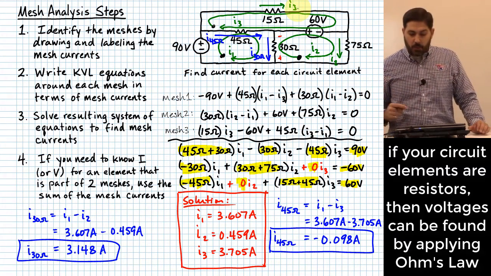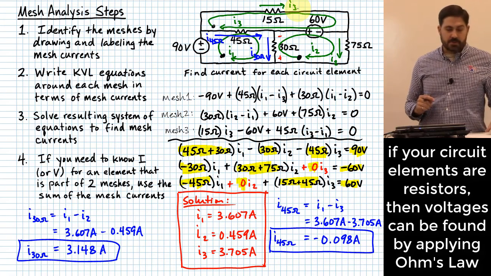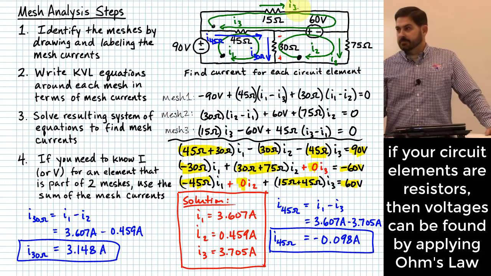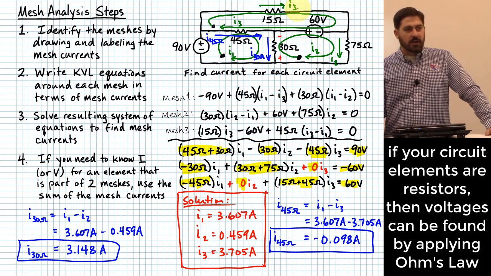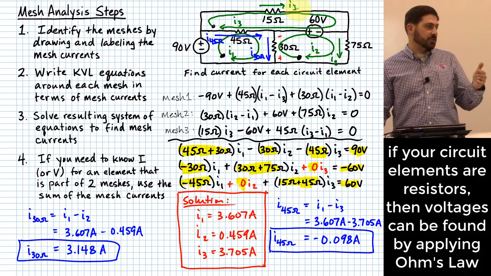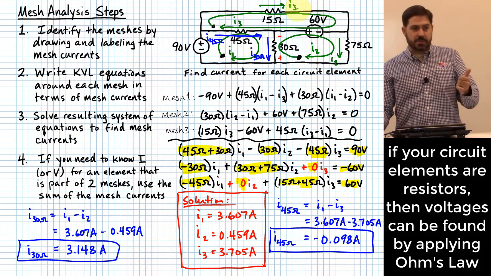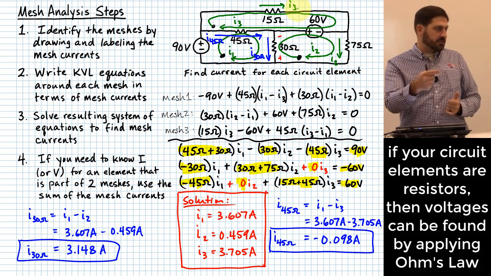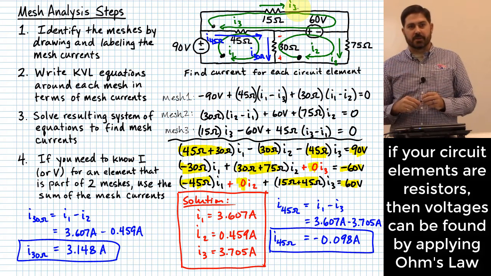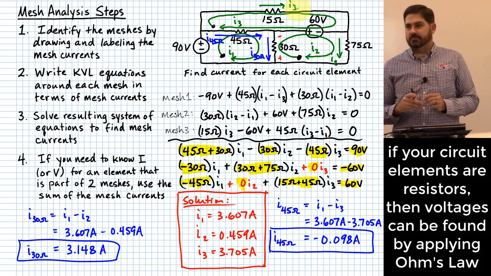What if I need to know the voltages across all my resistors? Ohm's law, right? Now we know all the currents across all the resistors. All you have to do is take that net current across each resistor and multiply it by the resistance value for that resistor, and that gives you the voltage across that resistor. Okay?